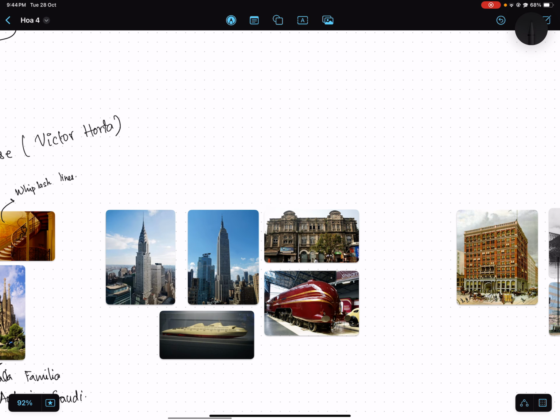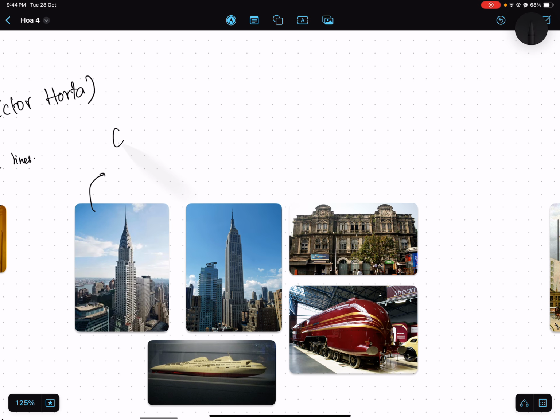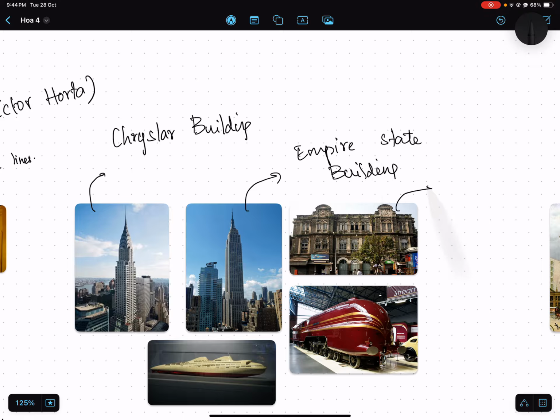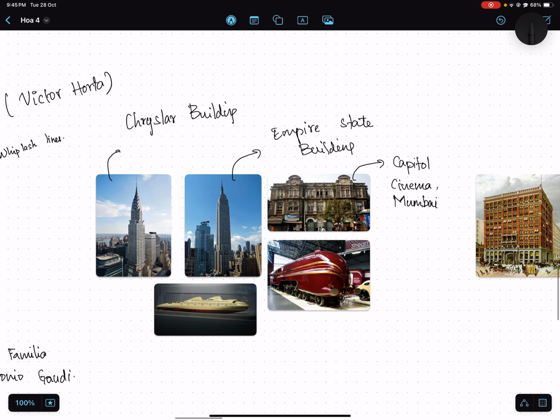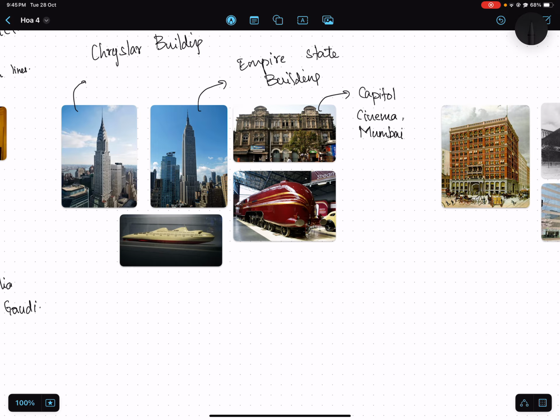So famous buildings are the Chrysler Building, this is the Empire State Building, this is Capitol Cinema in Mumbai. You can see a lot of Art Deco buildings in India, in Chennai, in Mumbai, in all those places.